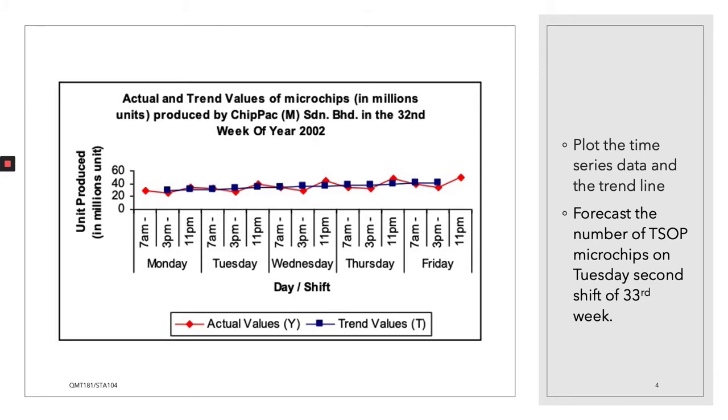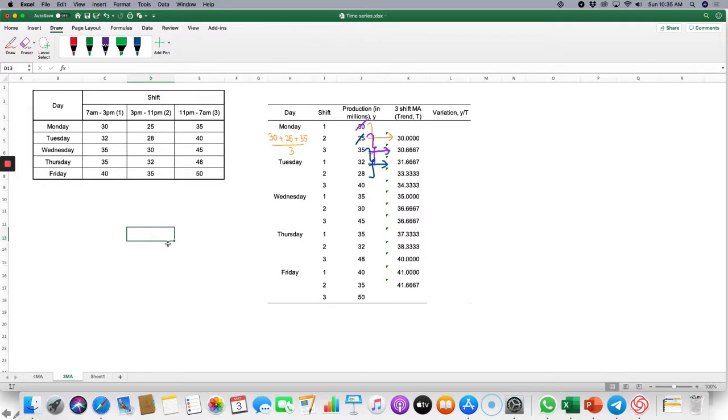So the next part, we need to forecast the number of TSOP microchips on Tuesday, second shift of the 33rd week. To do forecasting, you have to create another information, which is the information of variation.